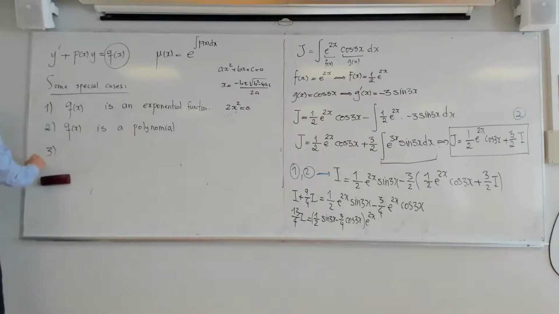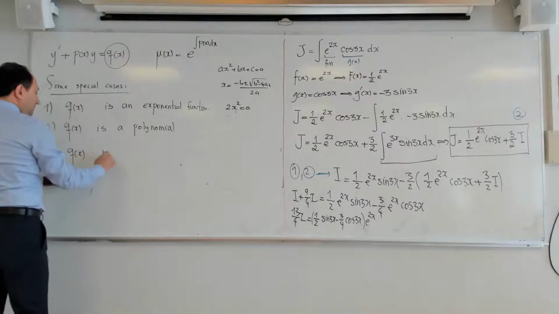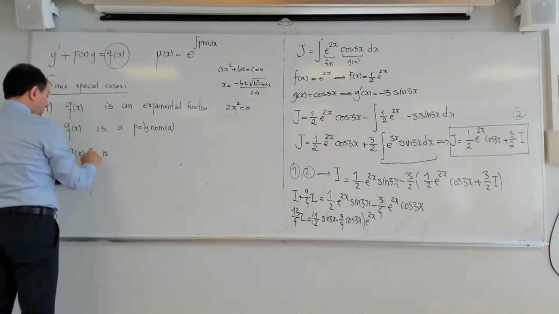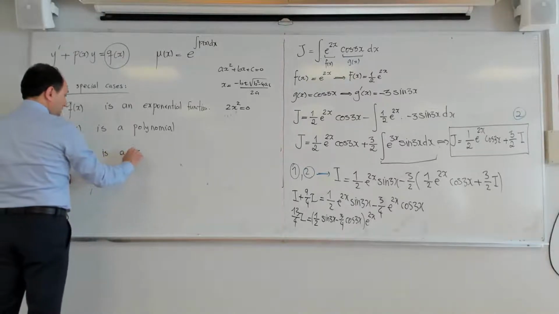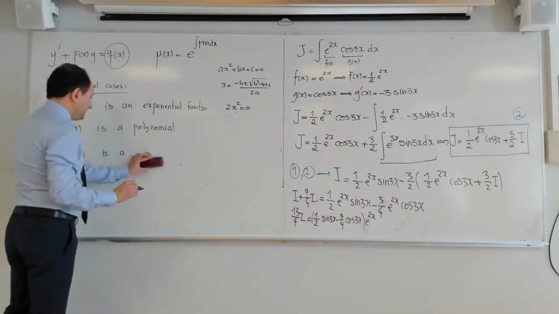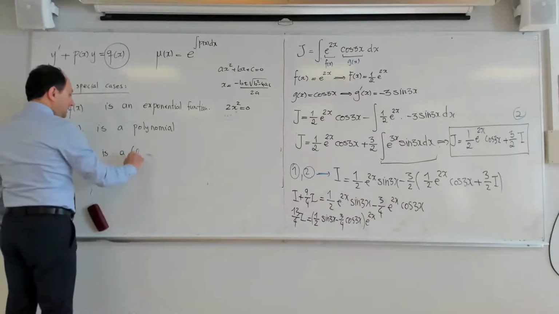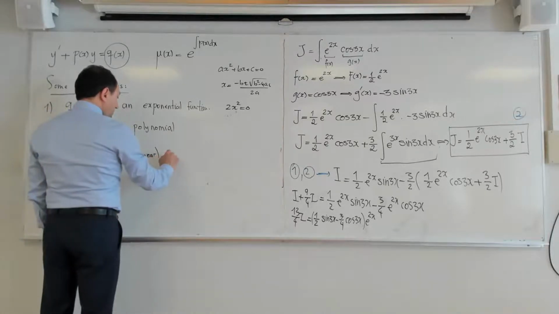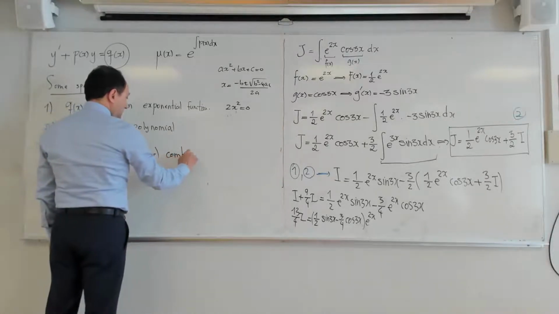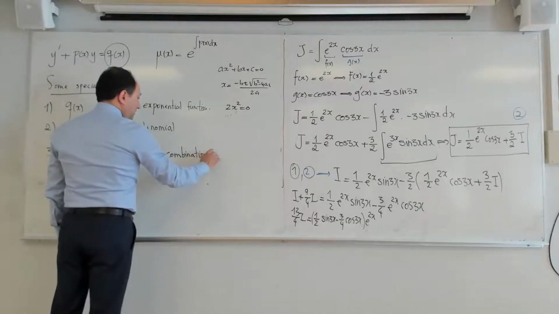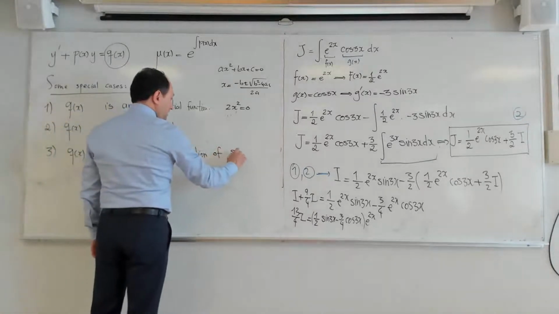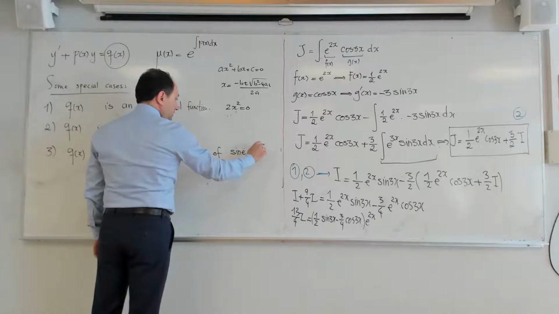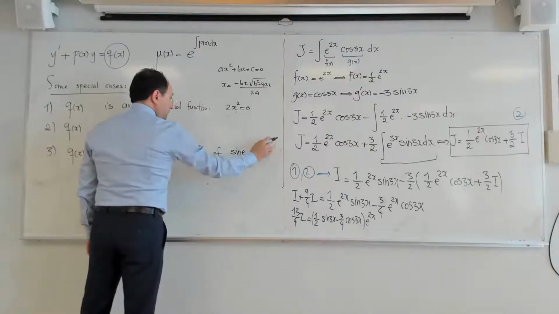Number three, Q of x is a combination of sine and/or cosine functions. If you want the terminology, it is called a linear combination of sine and/or cosine functions.